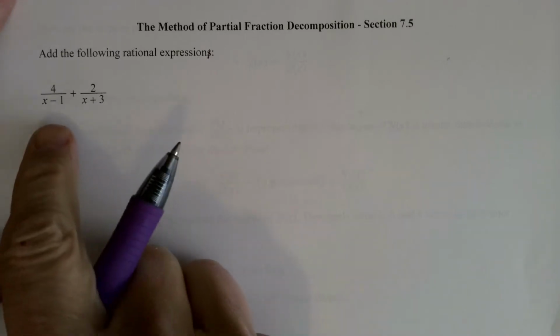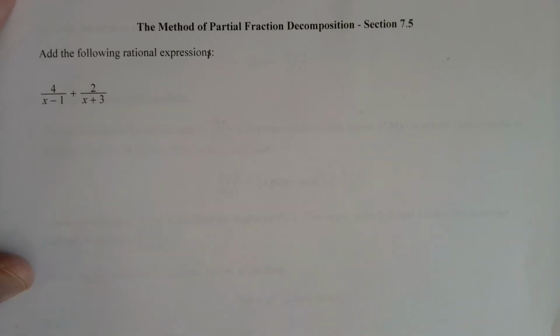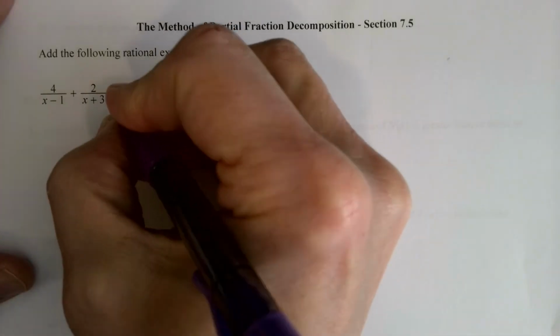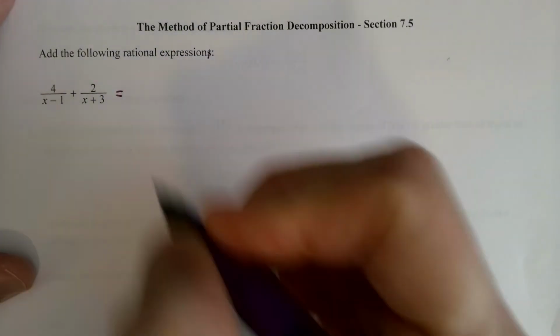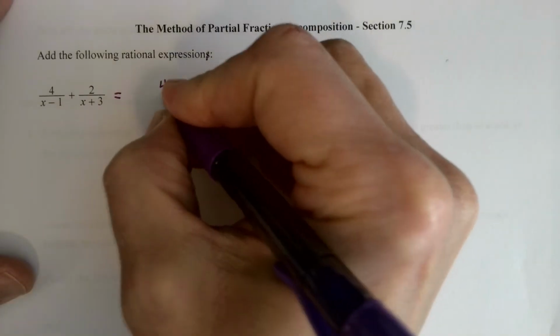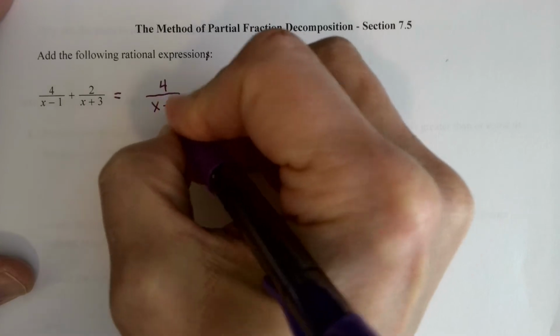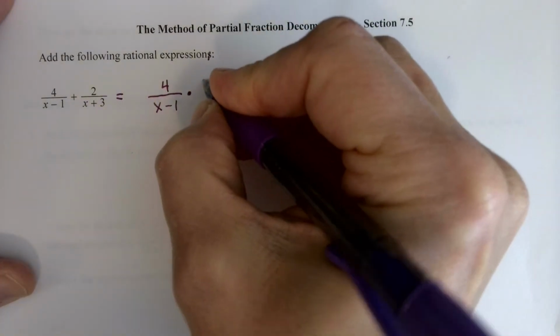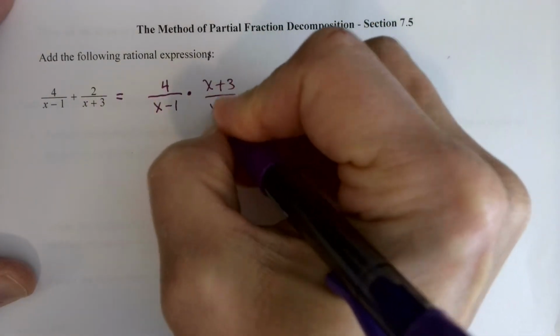Since the denominator for both is just a binomial prime factor, the least common denominator is the product of those two, x minus 1 times x plus 3. So I'm going to get a common denominator so I can add these. This one I'm going to multiply by x plus 3 over x plus 3.